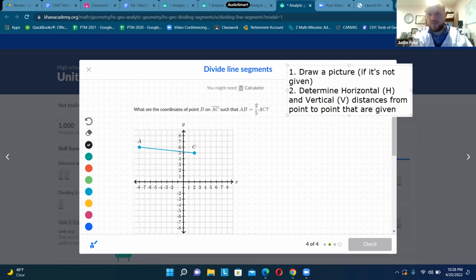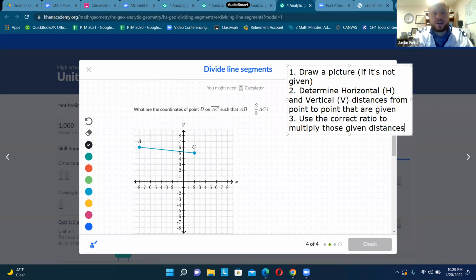Then use the correct ratio to multiply those given distances to get desired distances to point in question.